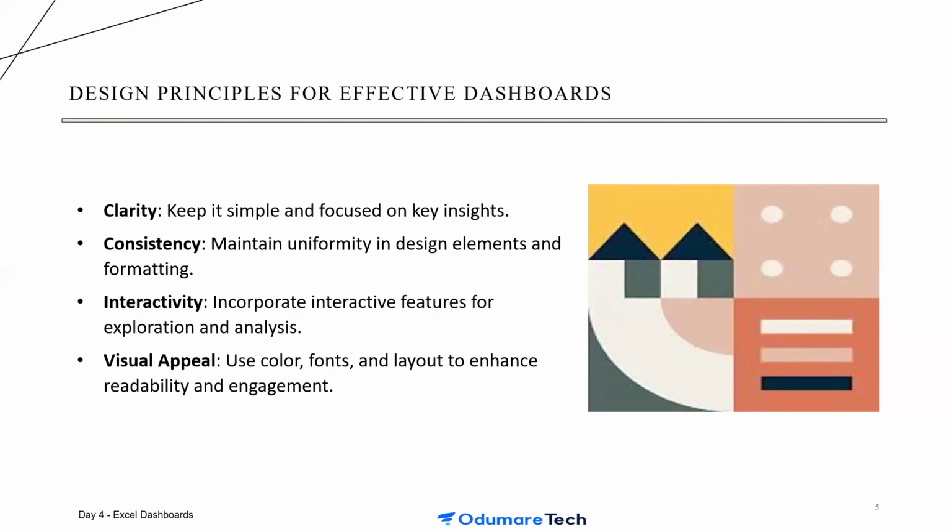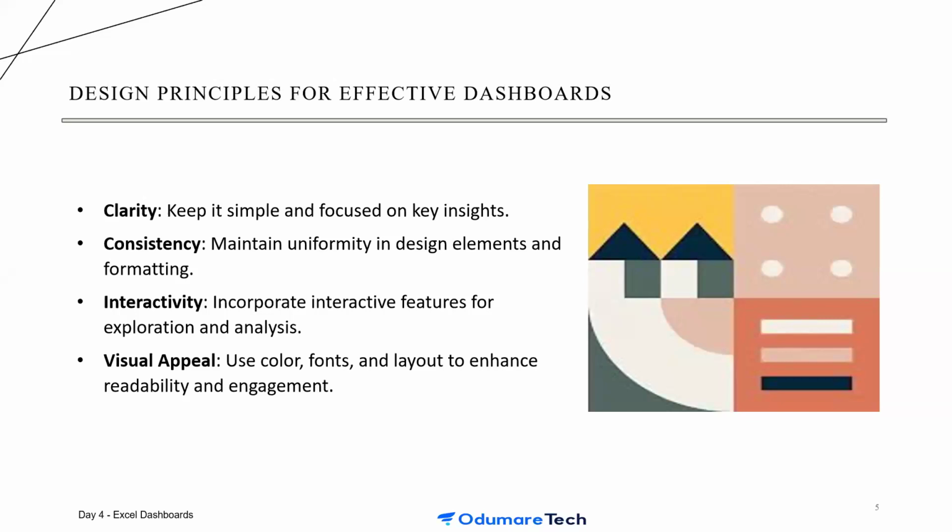Interactivity, and I think this is another very important one. It is very important that you incorporate interactive features for exploration and analysis. I would also like to reference yesterday's class when we were talking about the pivot chart and we added a slicer where you could just click on one thing and automatically we look at it. So people can interact with it.